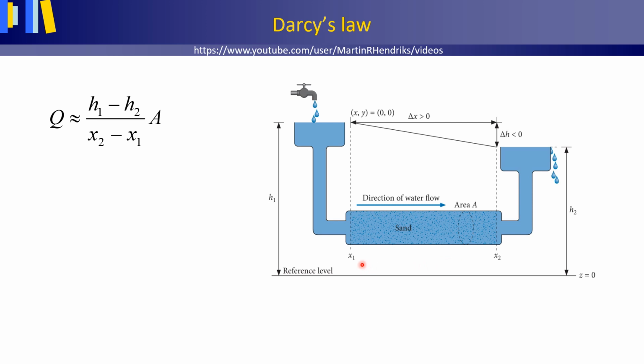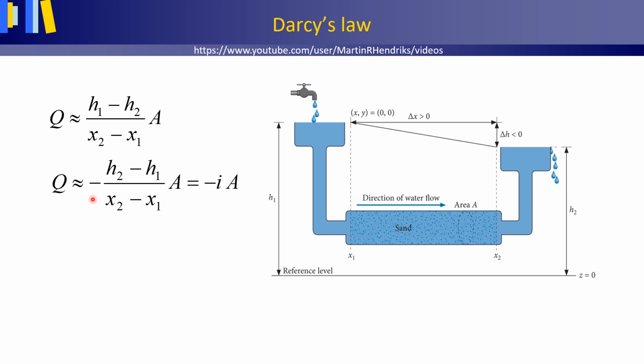Following these definitions, we can now rewrite the relation as Q being related to H2 minus H1 divided by x2 minus x1, and this times A. But now, of course, with a minus sign added to the equation.